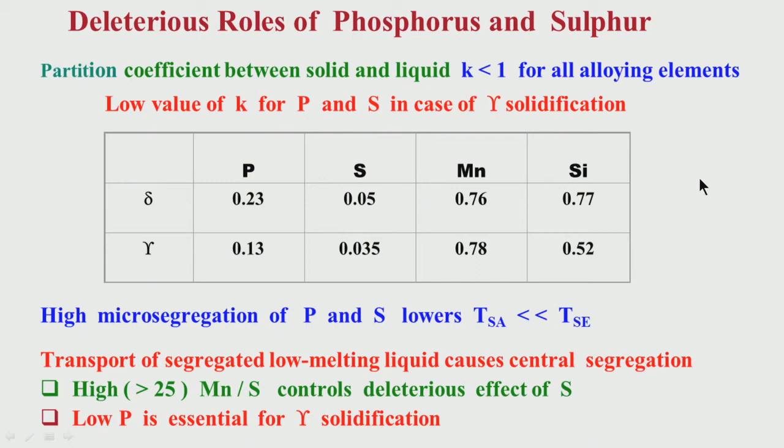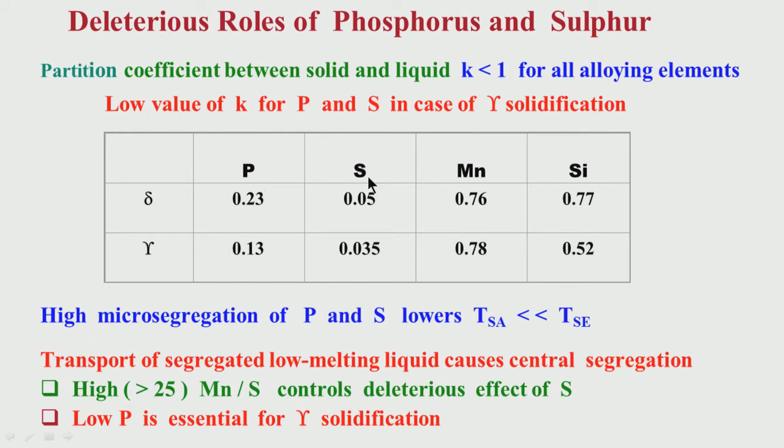In any steel with very low carbon, the solidification is through delta, and between delta and gamma, gamma has the lower small k value, the partition coefficient, for phosphorus and sulfur. So segregation is very high in gamma solidification.